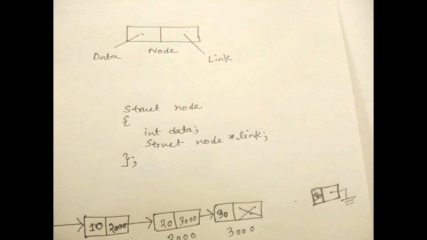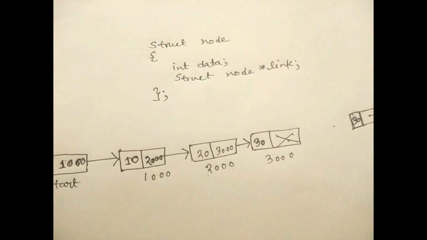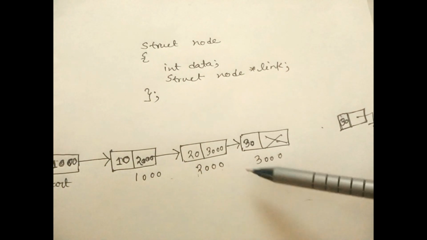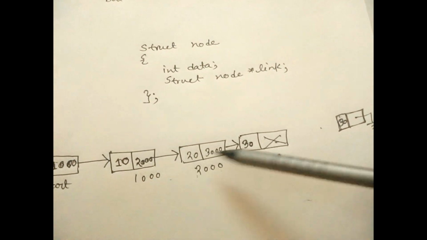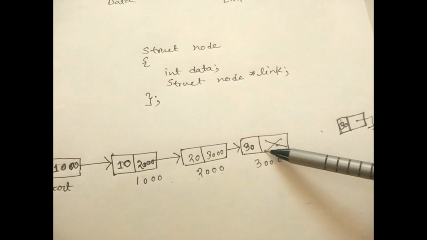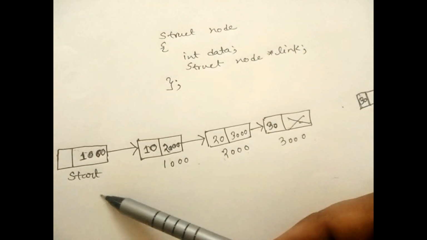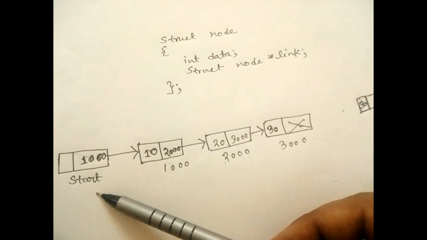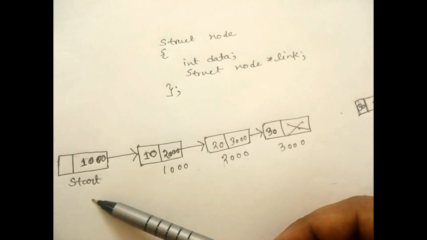Let's take an example. Here is a diagram of a single linked list. Basically there are three nodes in the list: node 1, node 2, node 3. Start is an empty node. It has no data. When the list is empty, the start will be null.